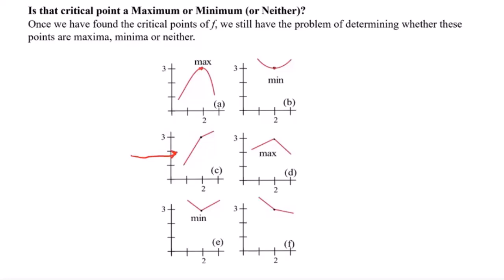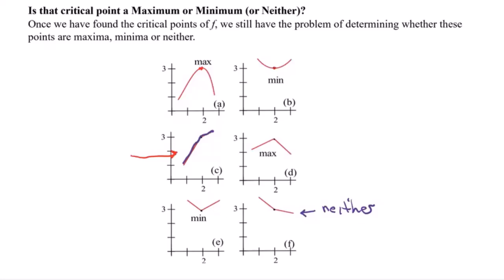If I follow this graph, I'm going from here up to that point, and then it's going up again. So it's not a maximum, and it's not a minimum. It's neither. The same thing is true here. This is also neither. Because it's going up and then it's going up.